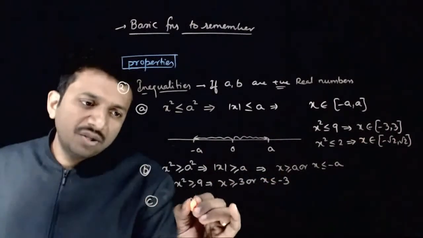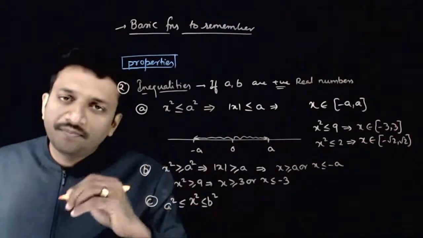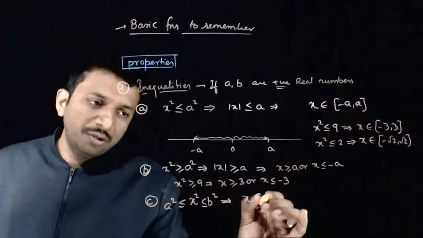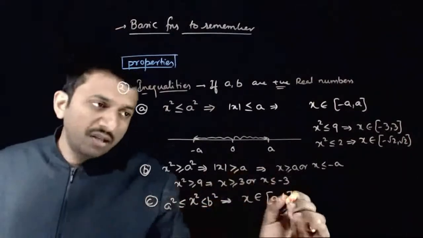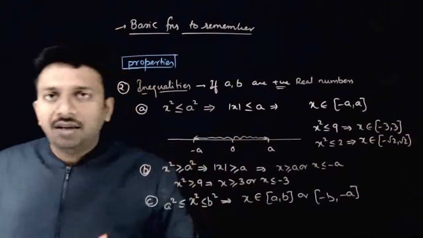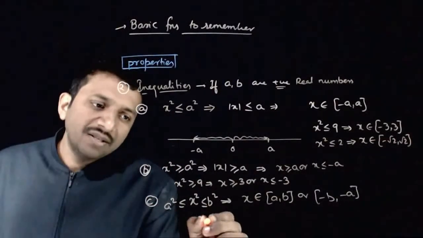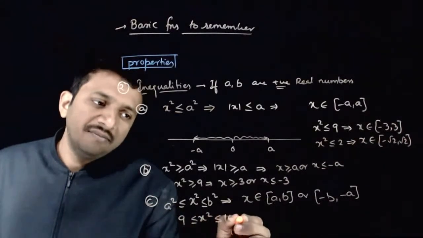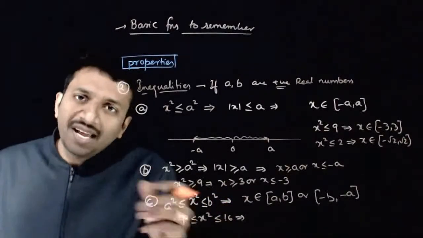And if x square lies somewhere in between a square and b square, where a and b both are positive, then x belongs to either a comma b, x is in between a to b, or in between minus b comma minus a. For example, if x square lies between 9 and 16, if you square a number, it has to give a number between 9 and 16.